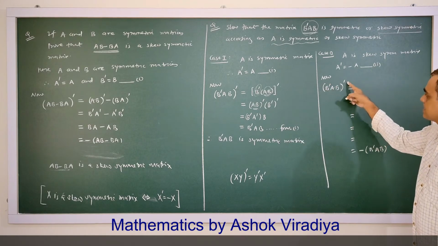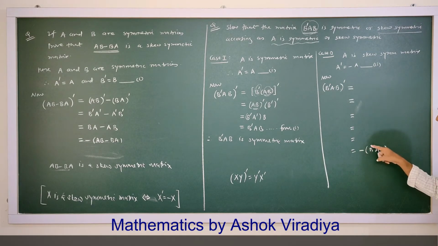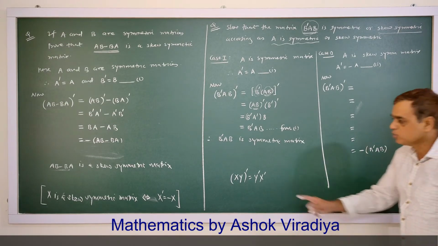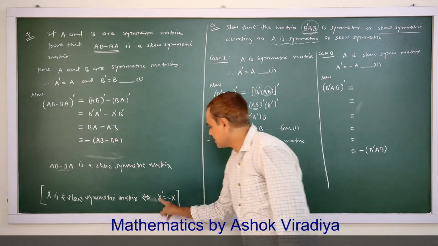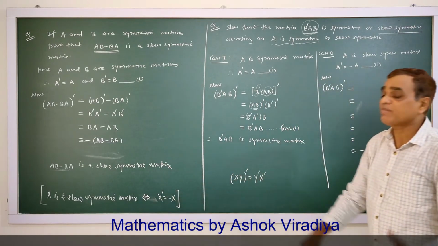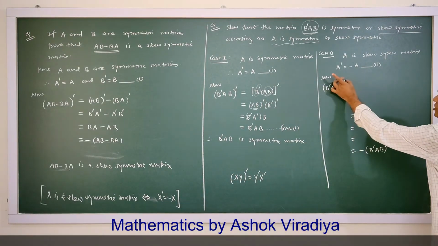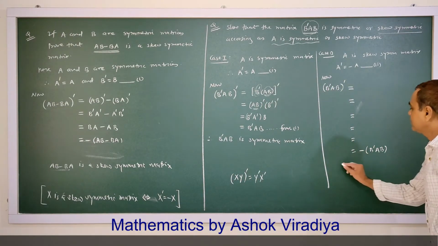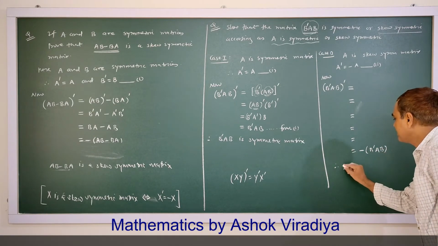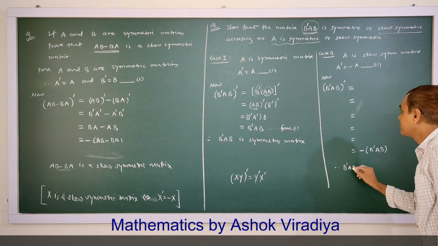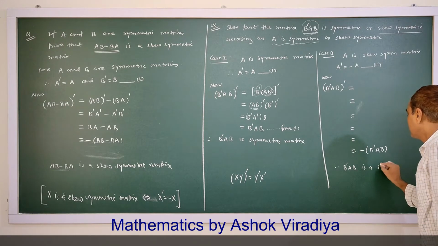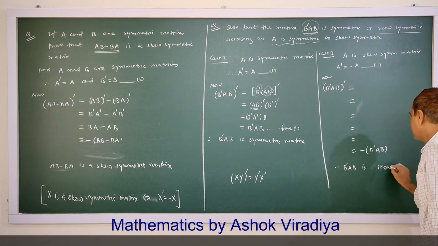If x dash is equal to minus x, then x is a skew symmetric matrix. If we can prove this, we can say x is a skew symmetric matrix.